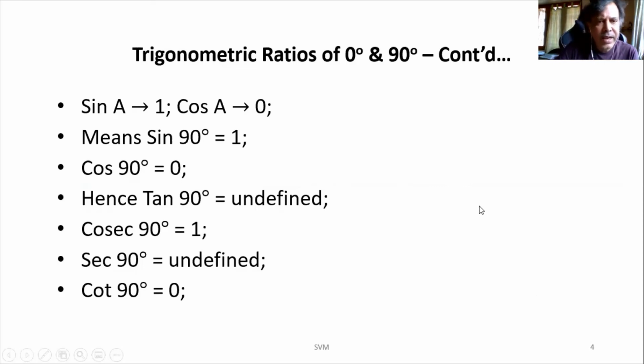What is this cos A? It is nothing but cos 90, and sin A is nothing but sin 90.